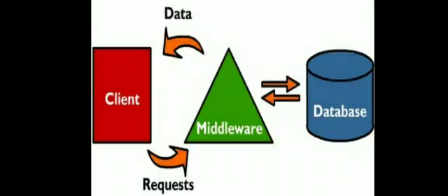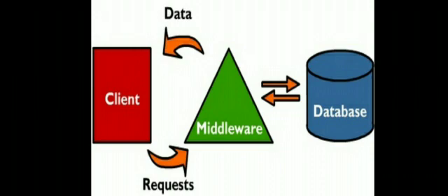Next see here the client, middleware and database. The client sends a request to middleware, the middleware processes it and sends it to the database. The database then responds to the client, sent through middleware, and the data goes to the client.